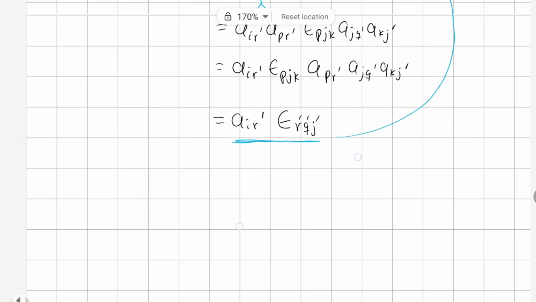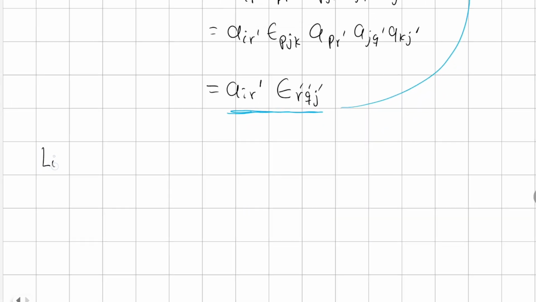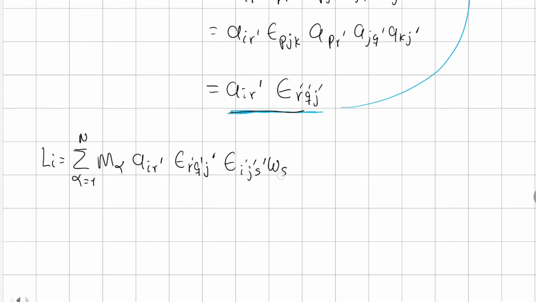So we get that L_i is equal to the sum from alpha equals 1 up to n of the mass, A_IR', the Levi-Civita ε_R'Q'J', that is this, then the Levi-Civita ε_IJS, ω_S, x_Q' alpha, x_I' alpha.